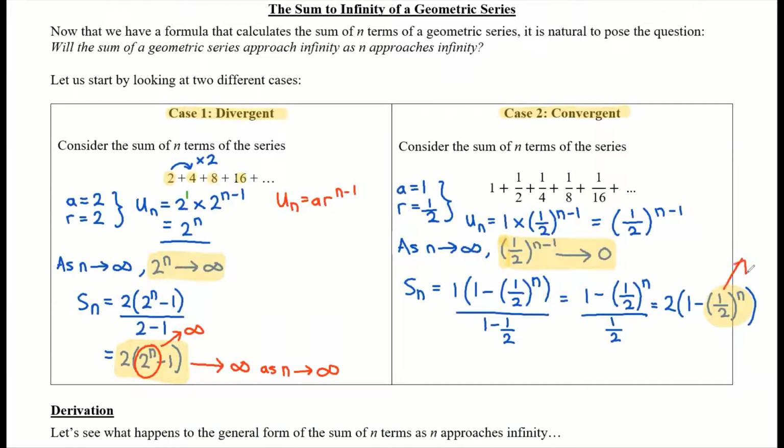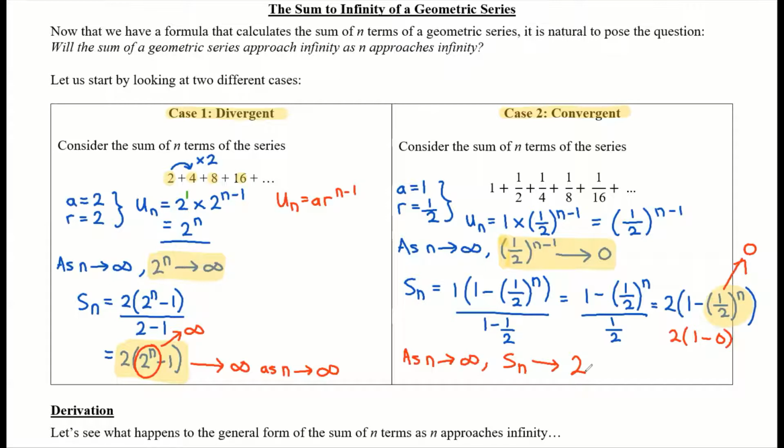This is going to go to 0 as n approaches infinity. Okay? Now, what are the repercussions of this? Well, as n approaches infinity, our sum of n terms is going to approach 2 multiplied by 1 subtract 0, which is, in other words, 2.